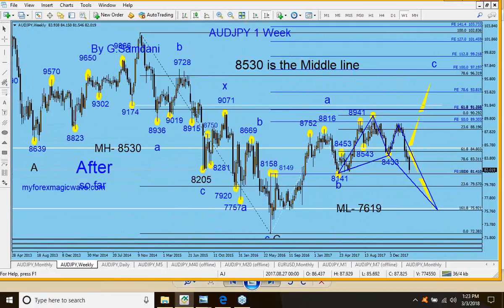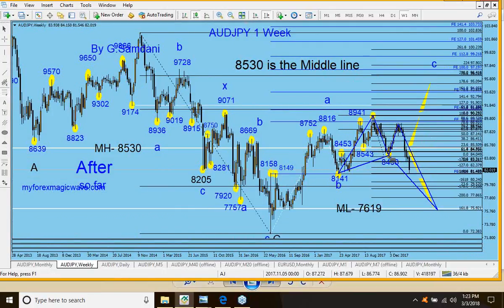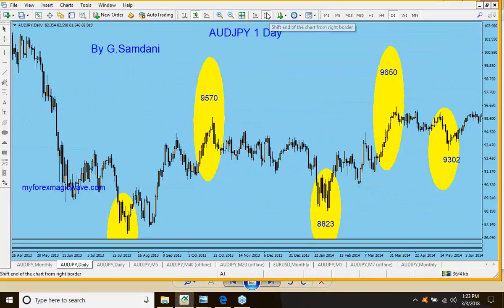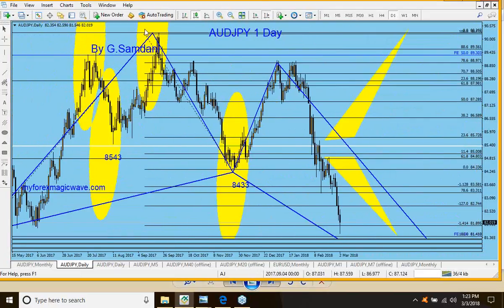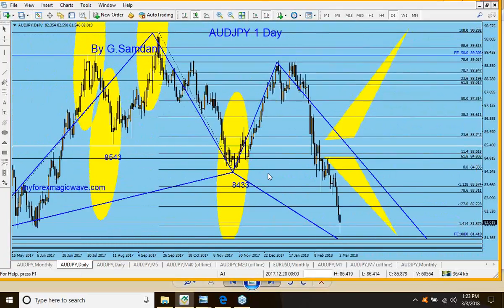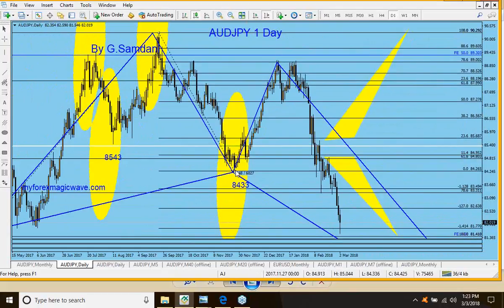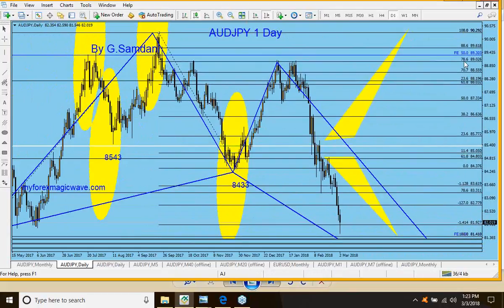Now, let me show you. Wave 1, 2, and it is 78%, I hope. 78%, exactly. Let me make it bigger a little bit. Here we go. Okay. So, Fib. You see the touch of 78%.